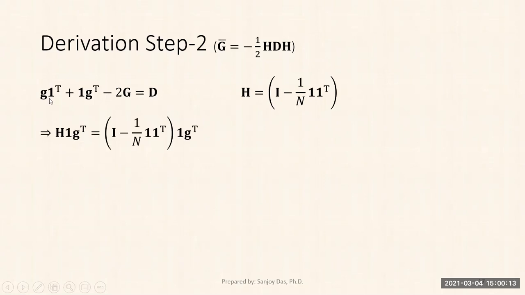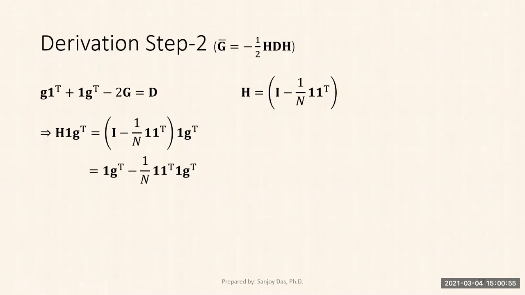Now, let me multiply H with this. H times 1G transpose is equal to, this is the identity matrix, so the first term is I times 1G transpose, which is 1G transpose, minus 1 over N, 1 transpose 1G transpose. Now, what is 1 transpose 1? 1 is an n-dimensional vector of all ones.